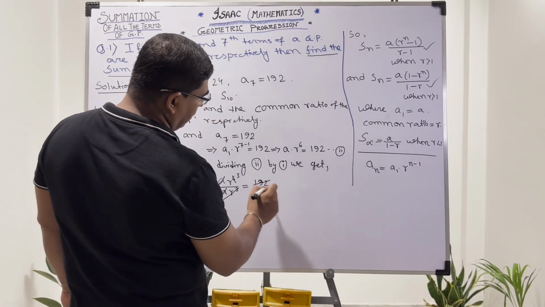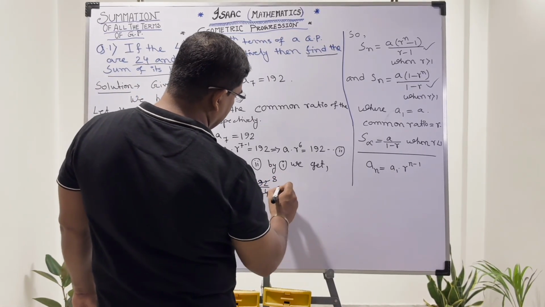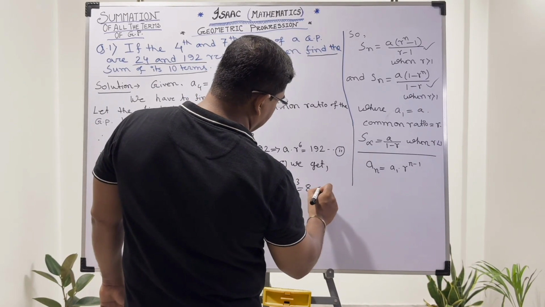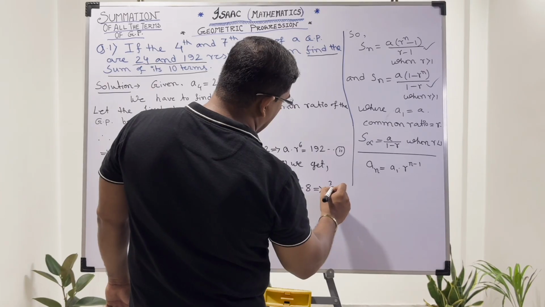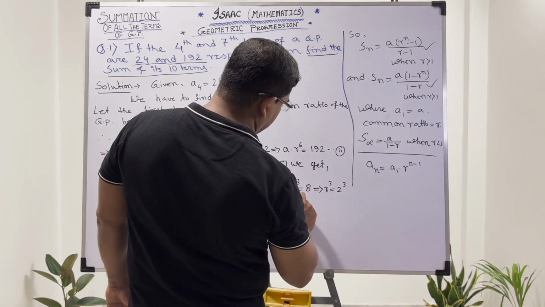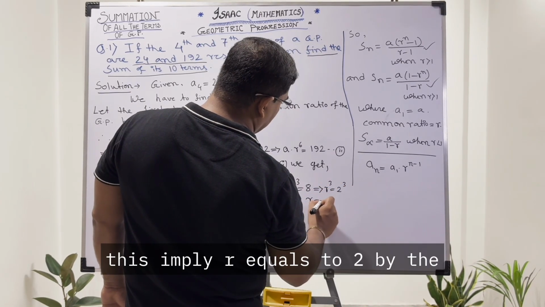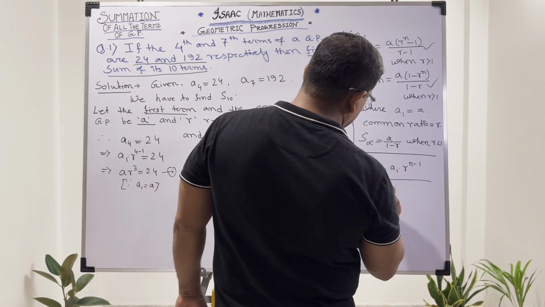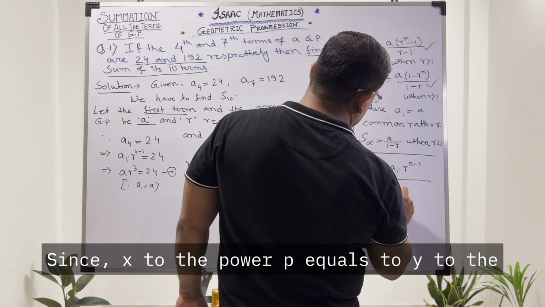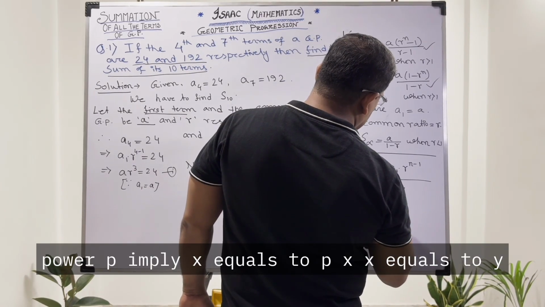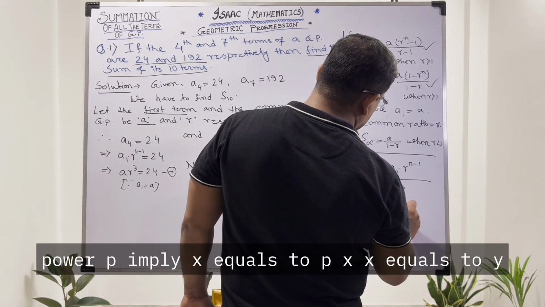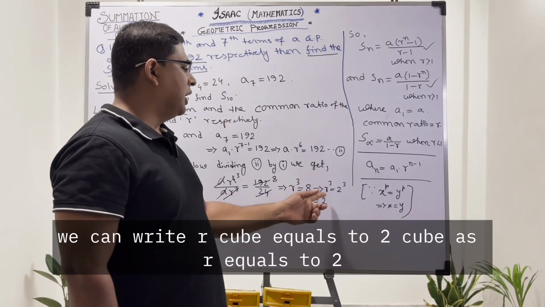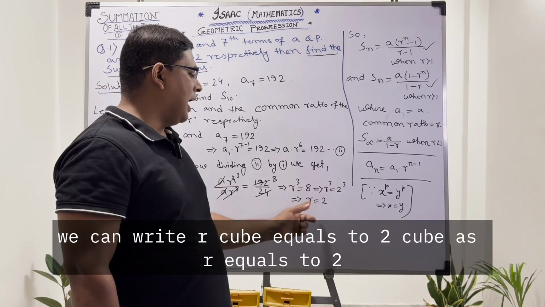Then 24 and 192, we get 8. So this implies R cube equals 8. So this implies R cube equals 2 cube. This implies R equals 2 by the formula of exponent. Since x to the power p equals y to the power p implies x equals y, by this exponent formula, we can write R cube equals 2 cube as R equals 2.